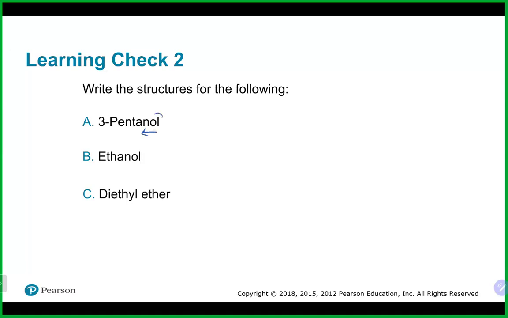On the first one, we see OL. That should tell us it's an alcohol. Pentane is 5 carbons. So 1, 2, 3, 4, and 5. And 3-pentanol means that carbon number 3 is where we find the OH group. And at this point, it's all going to be hydrogens to get to 4.